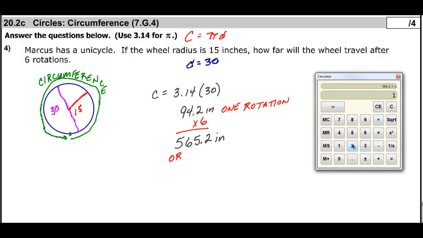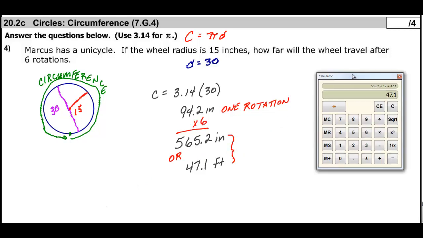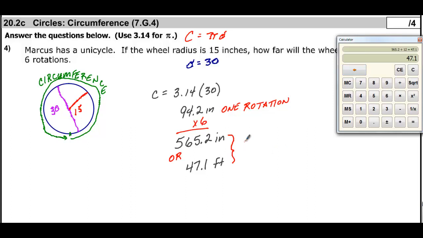So let's take it and divide it by 12 and get 47.1 feet. It doesn't matter. Either one of those answers is correct. Either one of those answers represents 6 rotations.